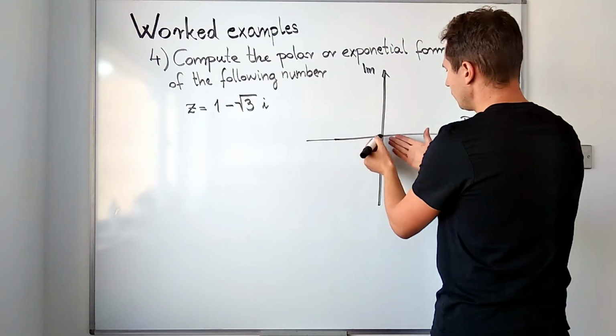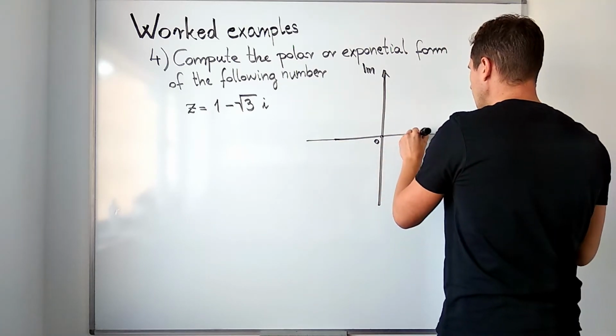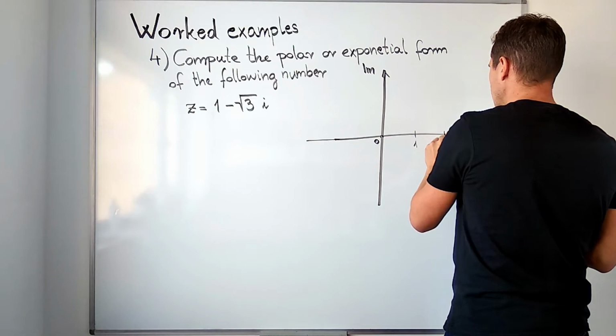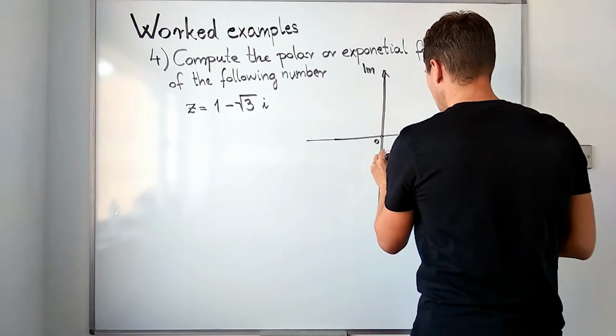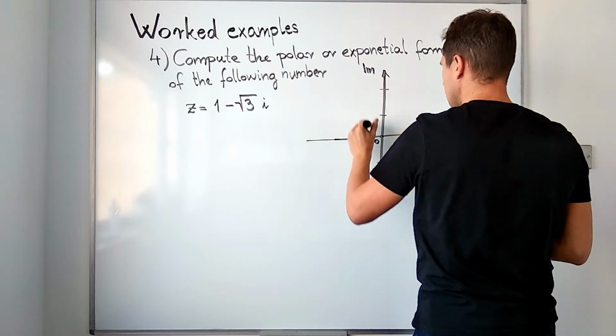So if there is 0 in the origin, we have to choose a unit of distance. Let's say here is 1, here is the number 2, and so on. And the same thing can be done along the imaginary axis.